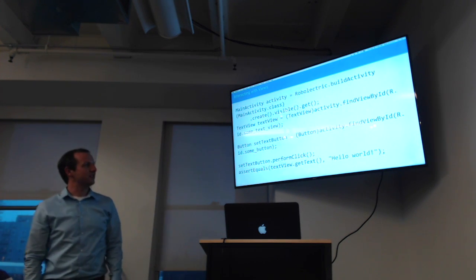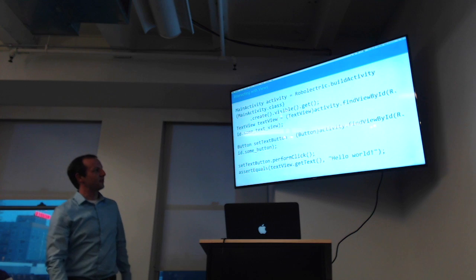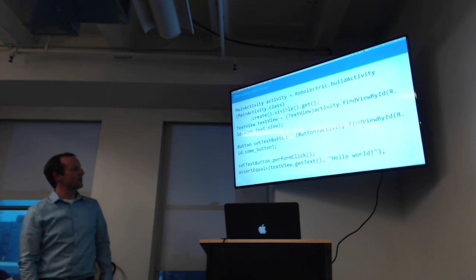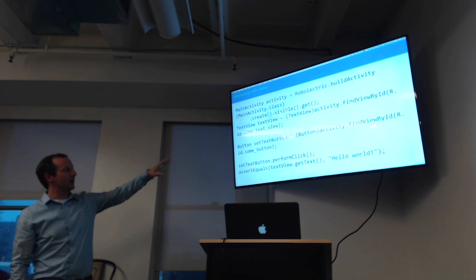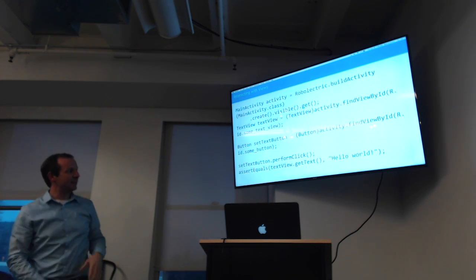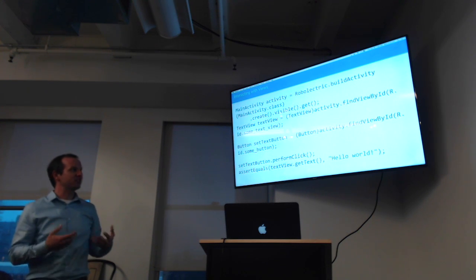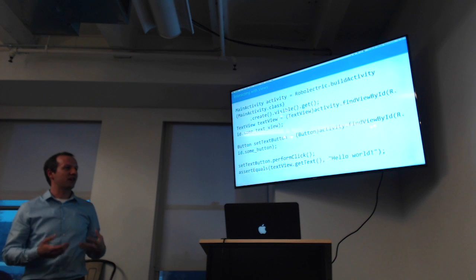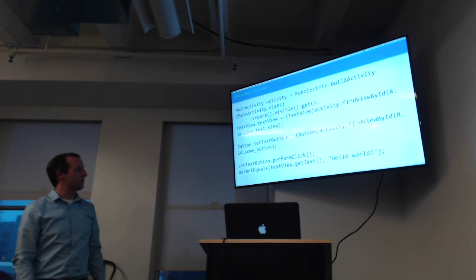Here's a more in-depth example, and unfortunately the text is a little too large. I apologize. But the idea here is we're creating an activity within our test case and acquiring it after pushing it through create, and an additional call here basically simulates your activity finally making it on the screen and being visible.